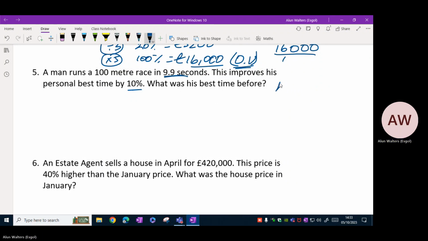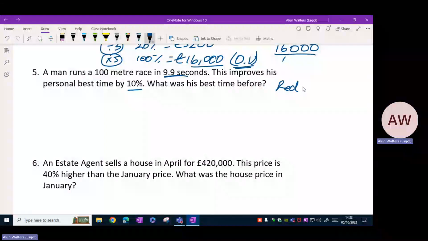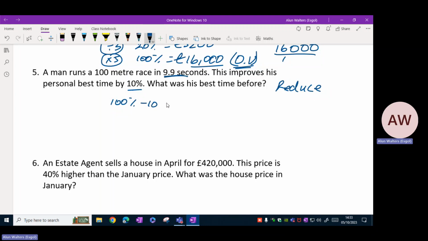Here we are reducing, so we're going to start off by saying this 9.9 seconds is actually 100% take away 10%, it's 90%. So this 9.9 seconds is 90% of the original.